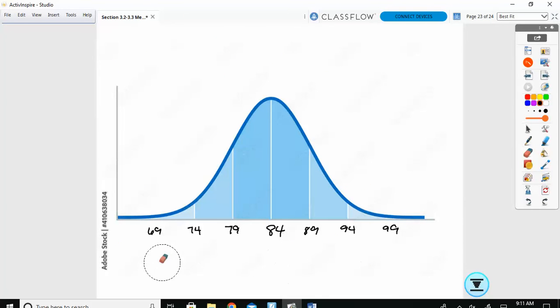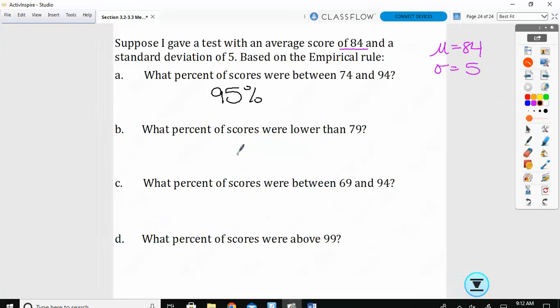So if I look at my picture, 79 is here. I want to know how much falls below that. So you can add up all the percentages, or we could think we know this bottom half is 50%, right? How much was right here? 34. So you could just do 50 minus 34, and you get 16. That's the same thing you would get if you added up those three percentages that we labeled in the graph above that.